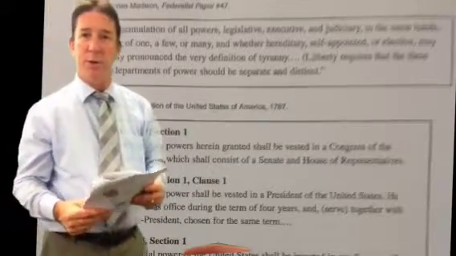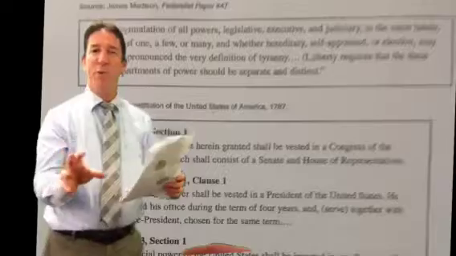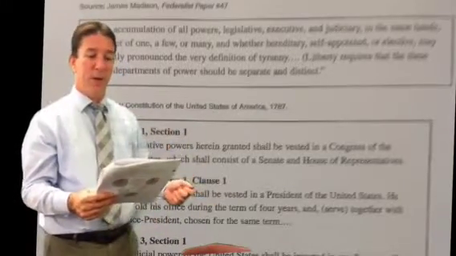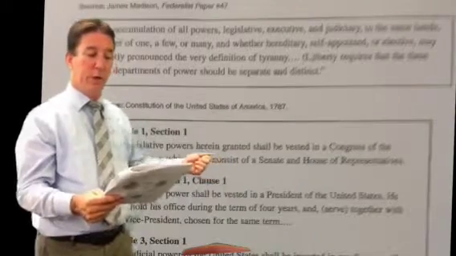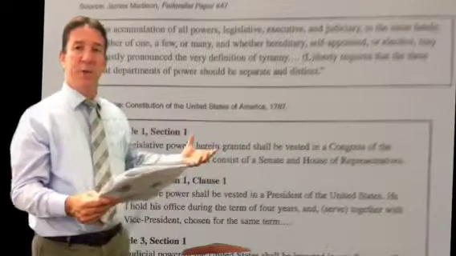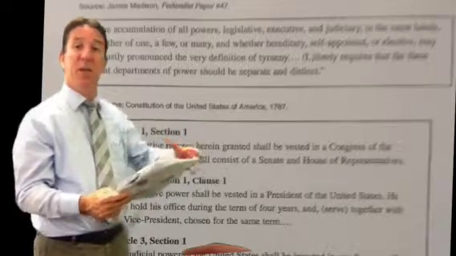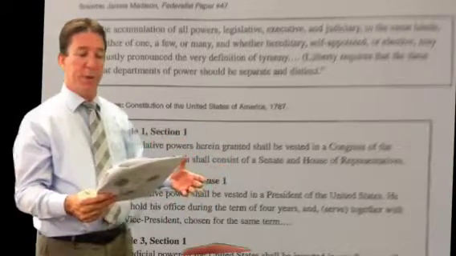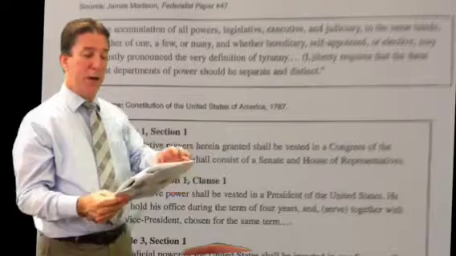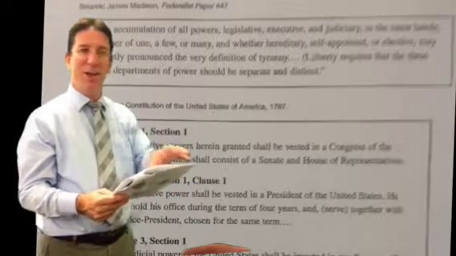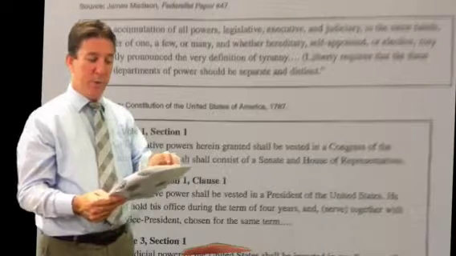Document B, we're looking at the document that talks about the accumulation of all powers. So remember, what happens when one person gets all the powers? What do we call that if one person has all the powers? We just went over that a little over a week ago as well. If one person has all the powers, what do we call them? And we go back to that word tyrant, somebody ruling with absolute powers. So how does document B, this idea of separation of powers, how does that solve the issue of tyranny?